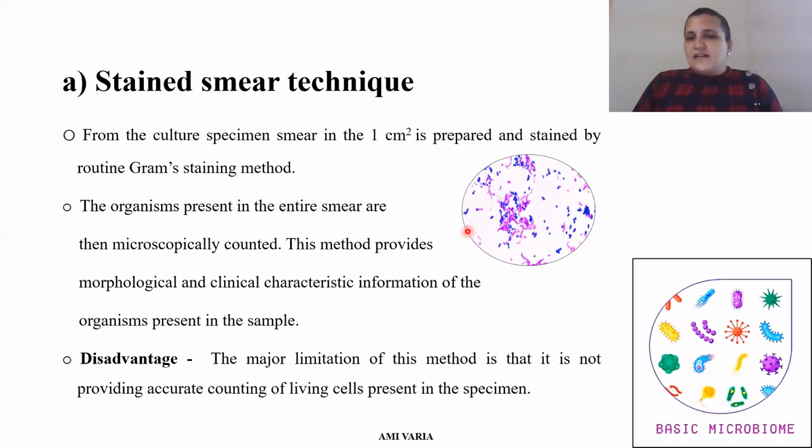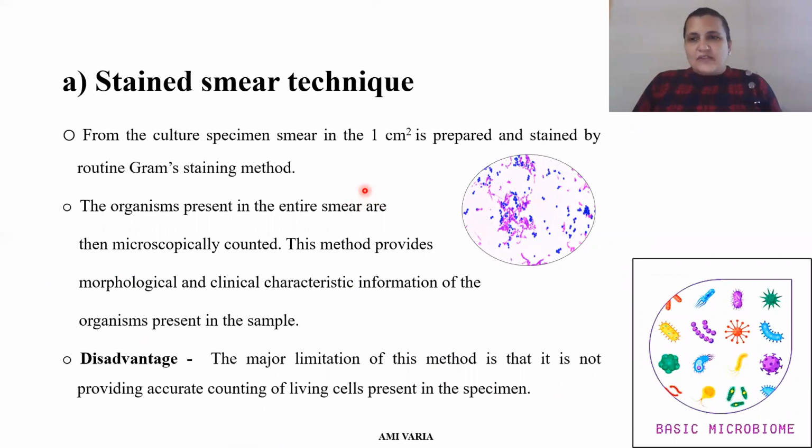In this method, the smear from the given culture suspension, which is required for specimen detection and useful for research or production purposes, is used in the Gram staining method.